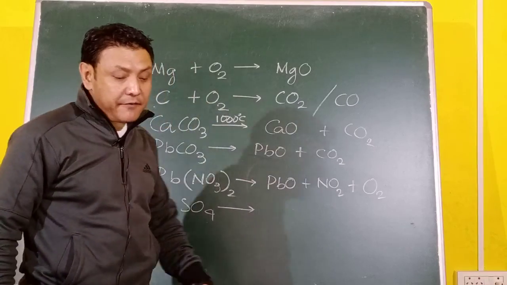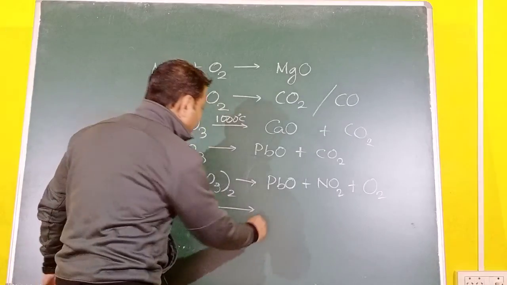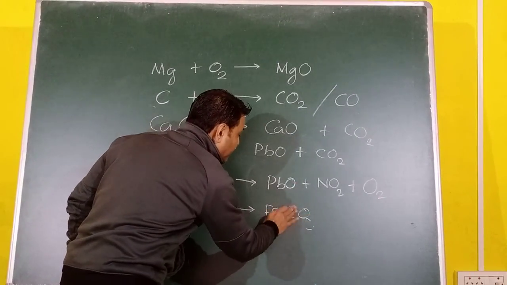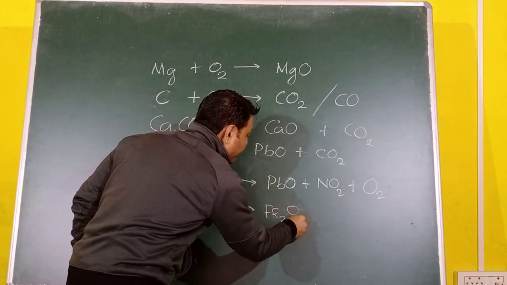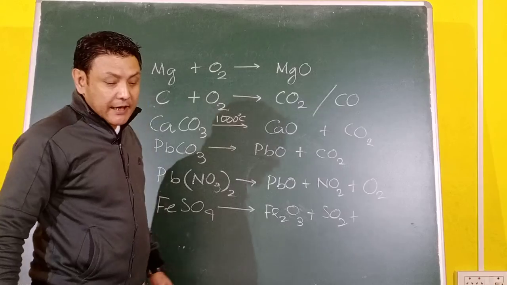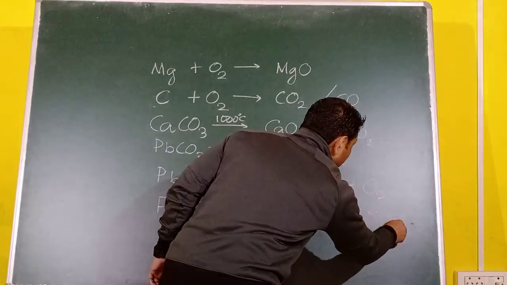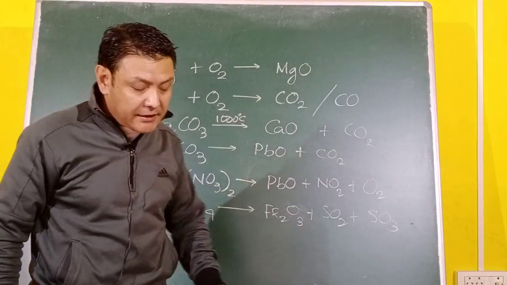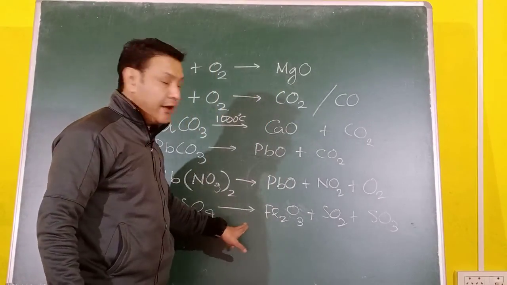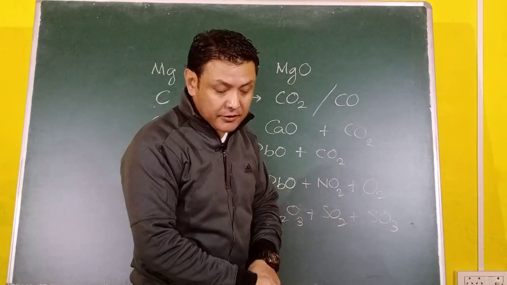Now iron sulfate dissociates into iron oxide, Fe2O3, plus sulfur dioxide and sulfur trioxide, SO3. So three oxides will be formed here. So iron sulfate dissociates into iron oxide, sulfur dioxide and sulfur trioxide.